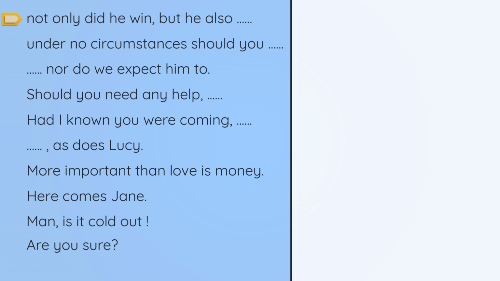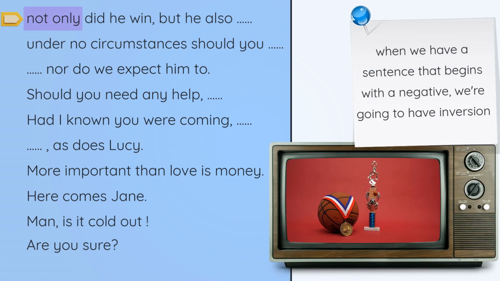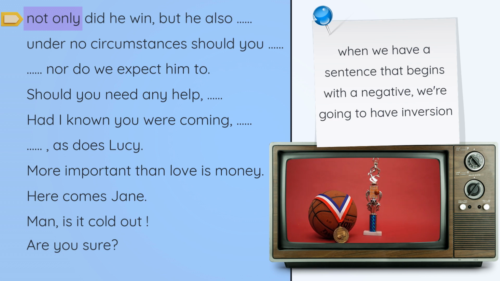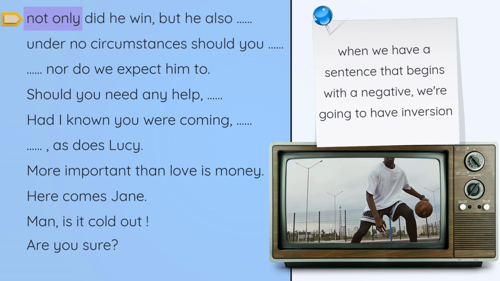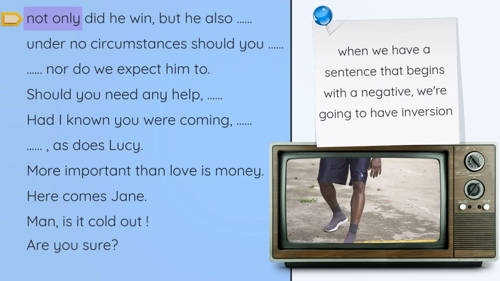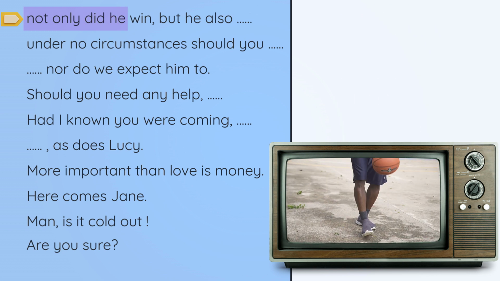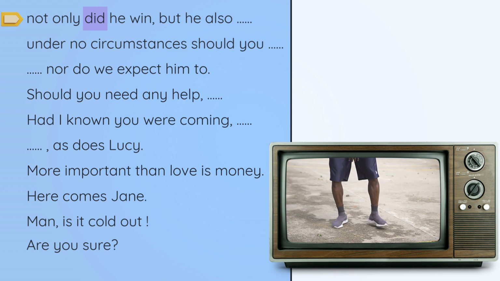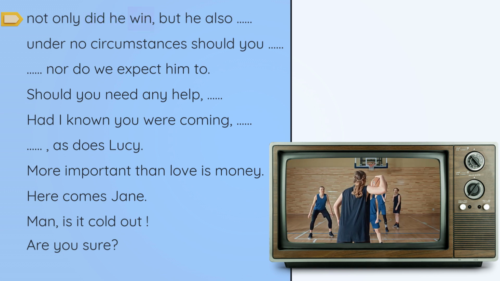So let's start here. Generally speaking, when we have a sentence that begins with a negative, we are going to have inversion. But especially when you have "not only," you're going to have inversion. Okay? "Not only did he." So there's your verb, there's your subject, there's your verb.